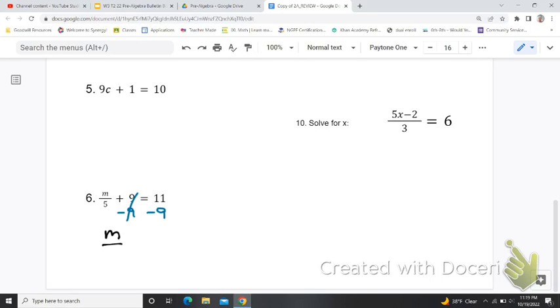So then m divided by 5 is equal to 2. And then we're going to multiply by 5. So that the 5 over 5, again, as I mentioned, makes 1. So that's just 1m, or m. And 2 times 5 is 10.